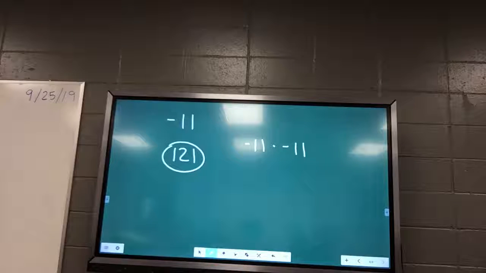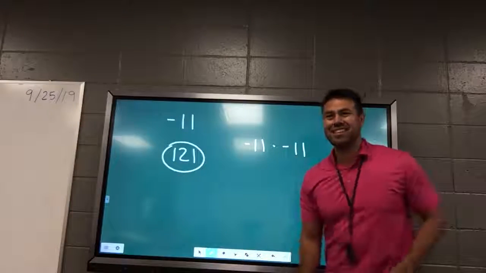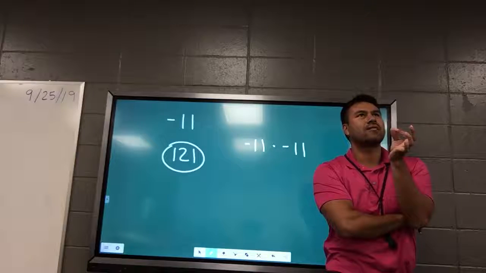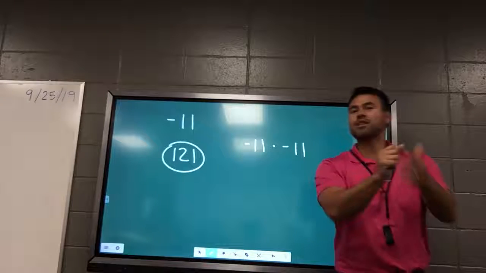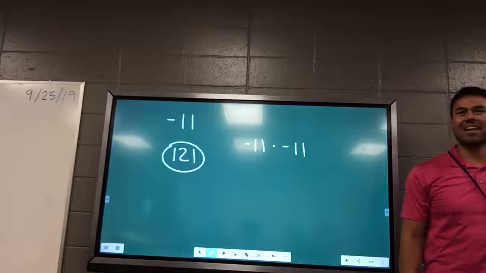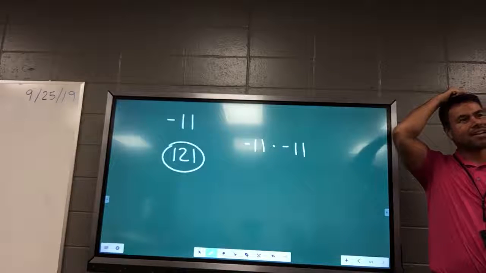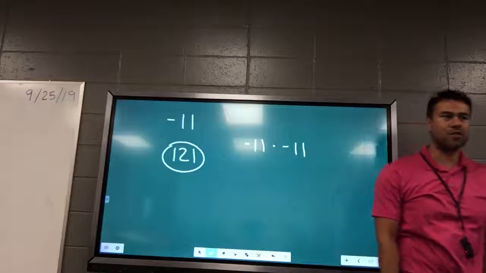Olivia. What is the perfect square after 49? What's the next perfect square? 64. That is correct. Okay, ready? Ben, is 189 a perfect square?